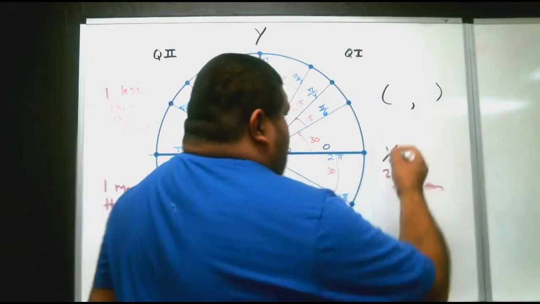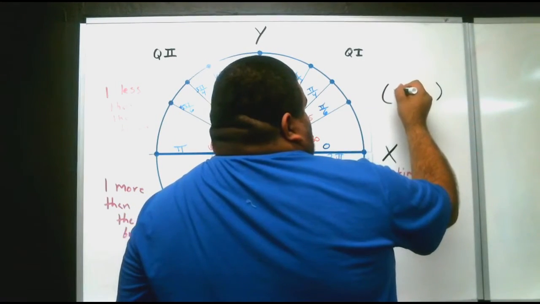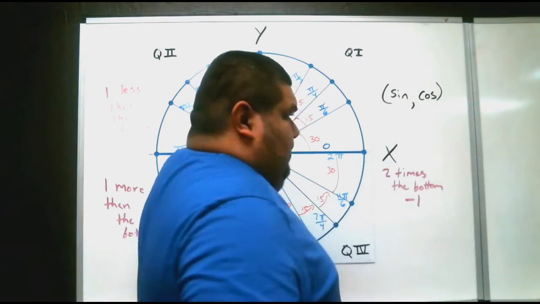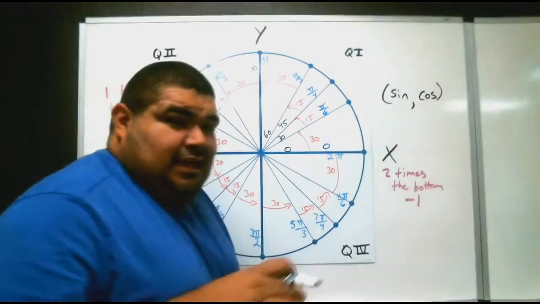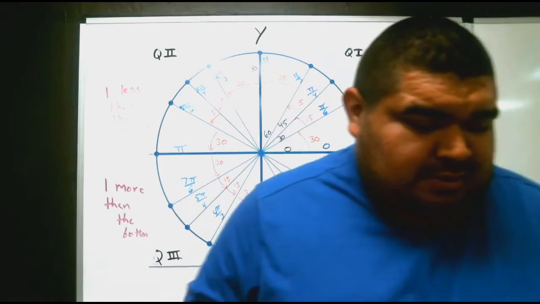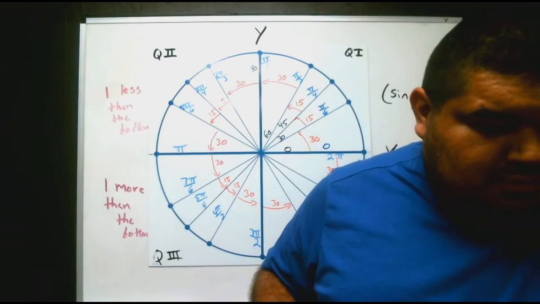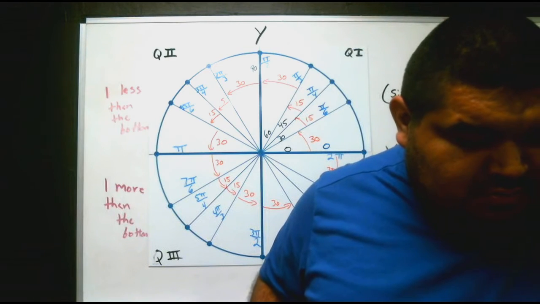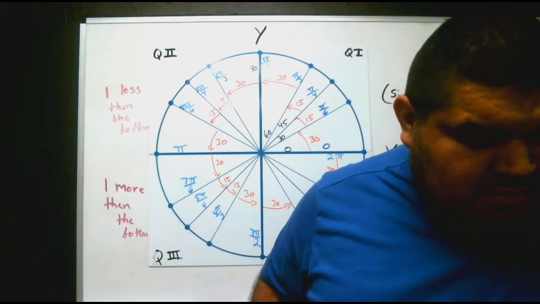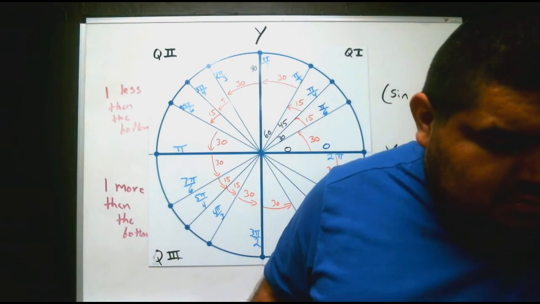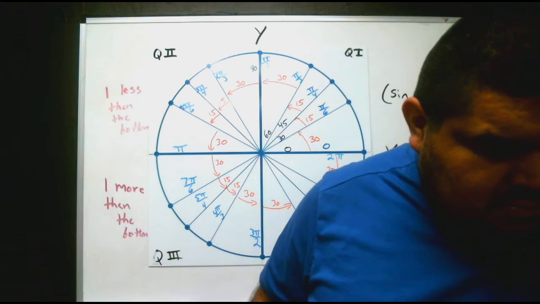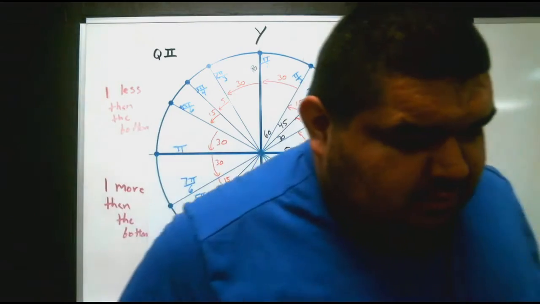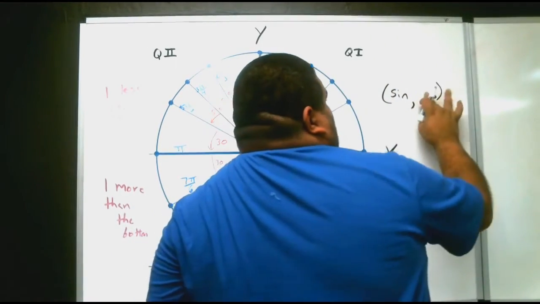You have sine and cosine, okay? You have sine as x, cosine as y. Let me just verify that last page, just make sure we're all on the same page. All right, so yeah, it's actually cosine and sine.